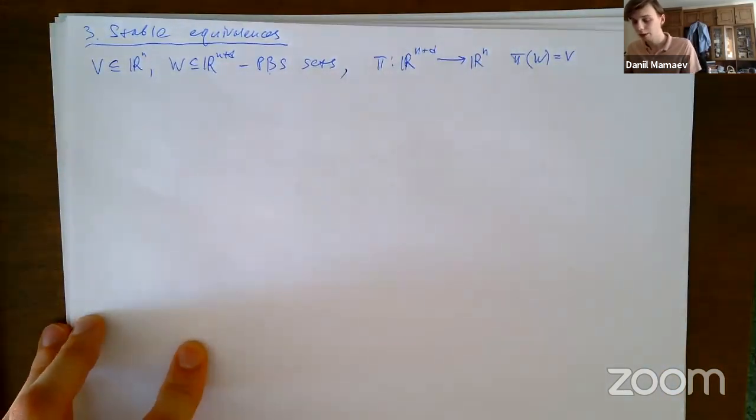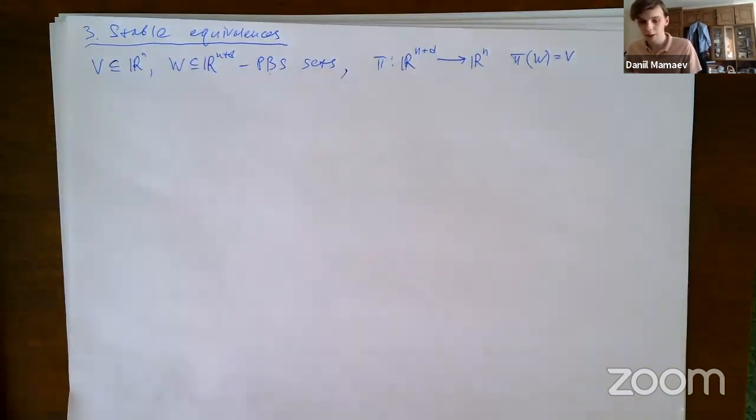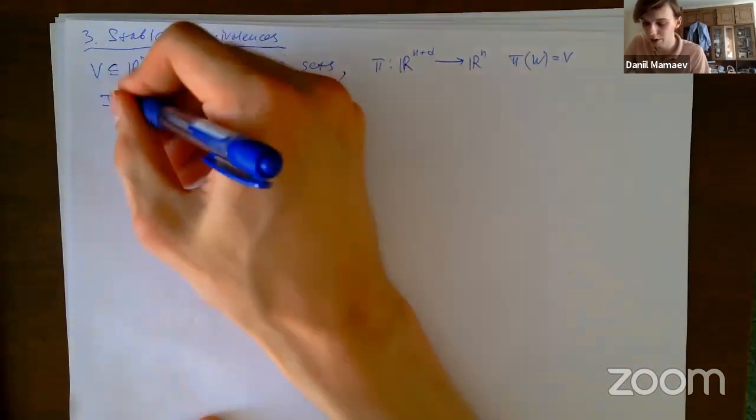We want to define an equivalence relation on the primary basic semi-algebraic sets. But first, we define stable projections. These are projections that depend, say, polynomially on the target. Let me clarify what it means.